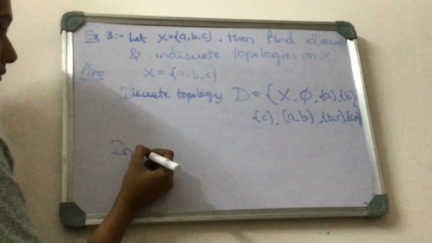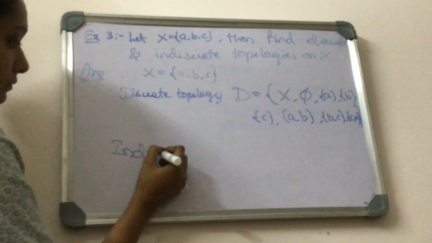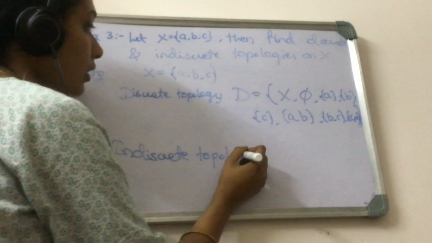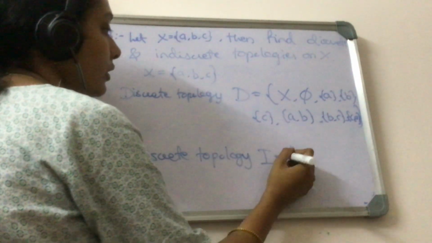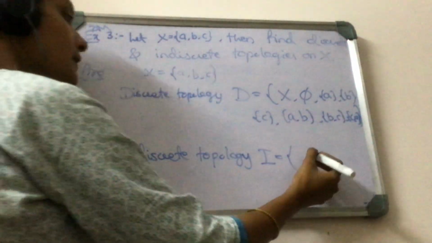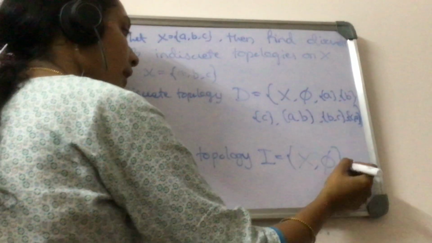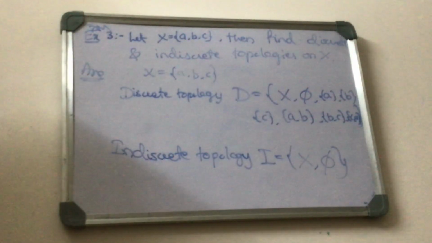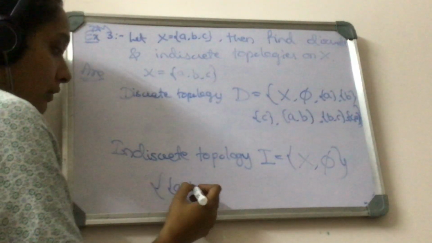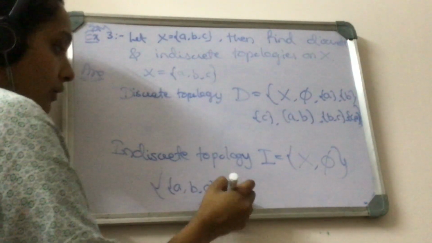Indiscrete topology. This was asked for 2 marks in one of the previous exams. So the indiscrete topology, for any set, is the same: X, phi. Is this the indiscrete topology?